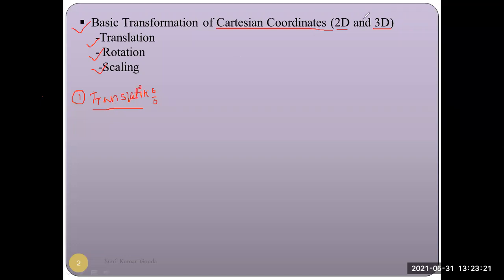If I take the translation part, suppose this is my coordinate axis. Suppose this is my x-axis, this is my y-axis. If I take any point P, so this is point P, having the coordinate x and y. Now suppose I want to translate this point P with the vector v equal to x naught y naught.